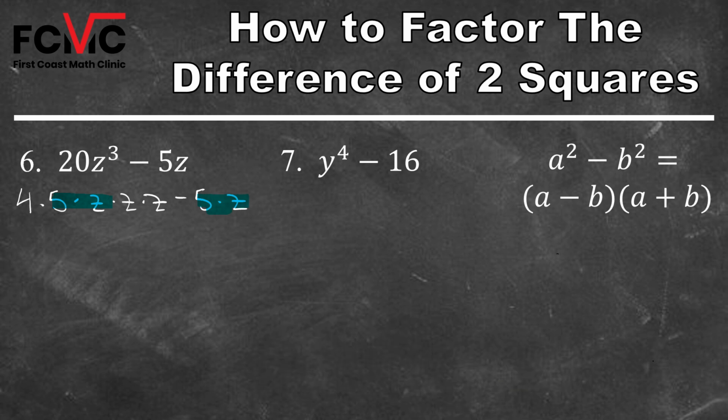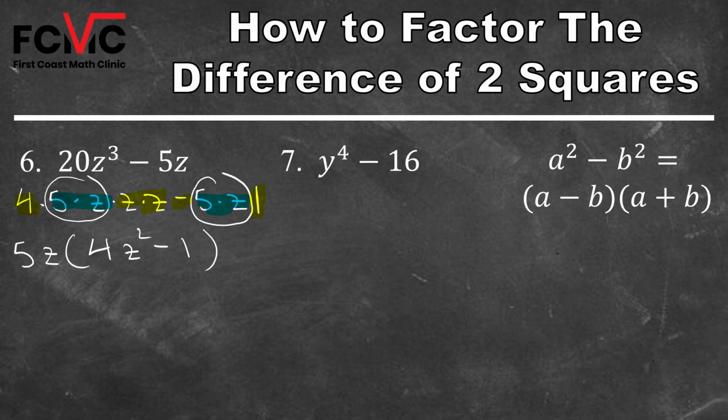We've got 4z squared minus, and then we'll put a 1 as a placeholder there. So 4z squared minus 1 stays in our parentheses, and we pull out our GCF, which is the 5z.